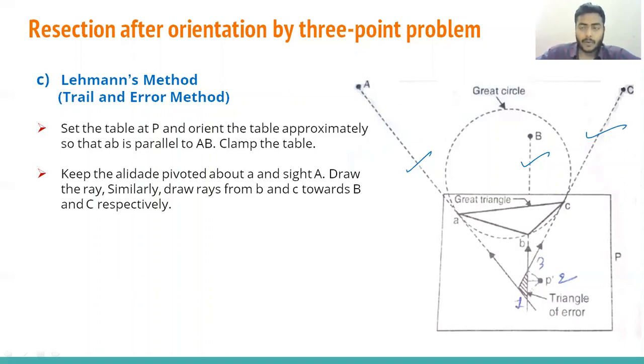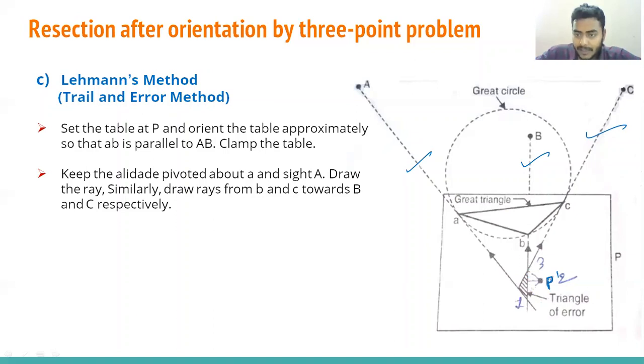According to Lehmann's rule, we select P dash. We can select it on the right side or the left side, according to Lehmann's rule. Suppose we got the triangle of error.